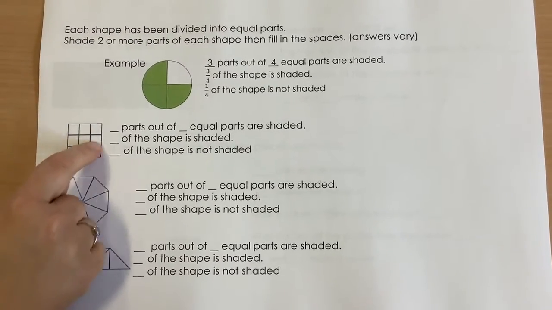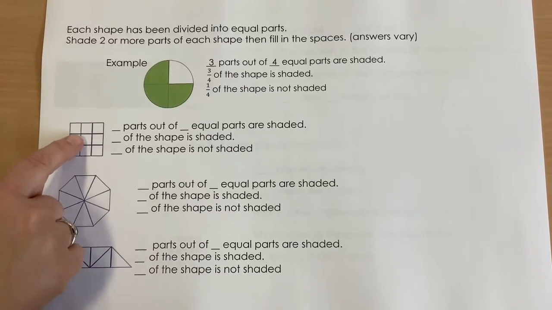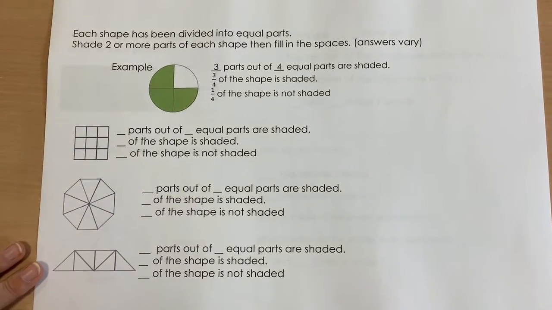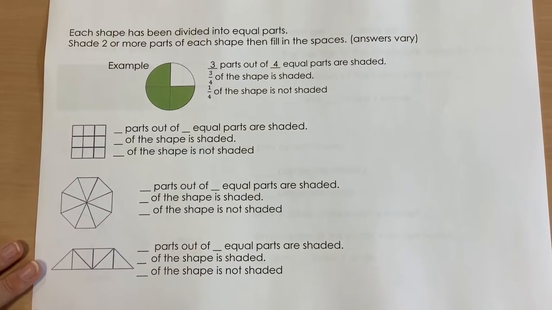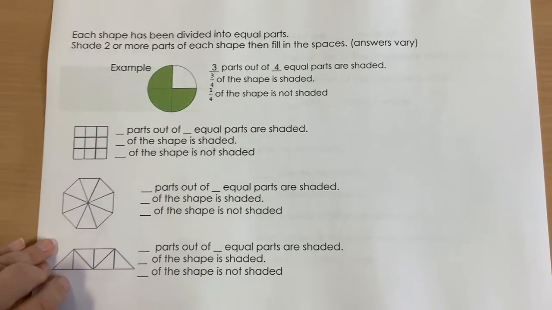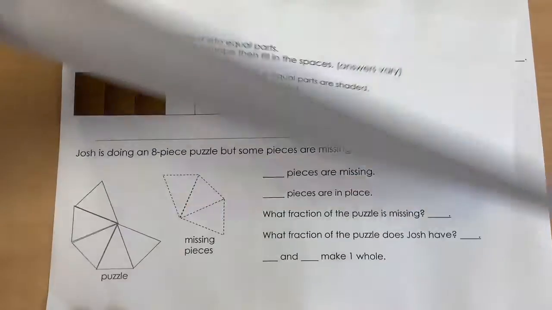So depending on how many of each of these you colour, you need to work out how many parts out of how many equal parts are shaded, how many are not shaded, what fraction is shaded and what fraction is not shaded. So if you follow this example here, that will help you.